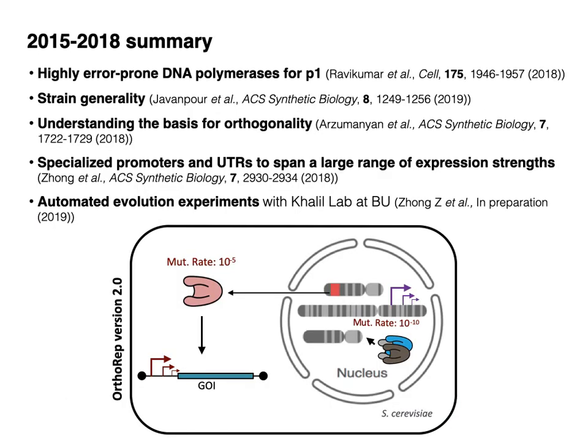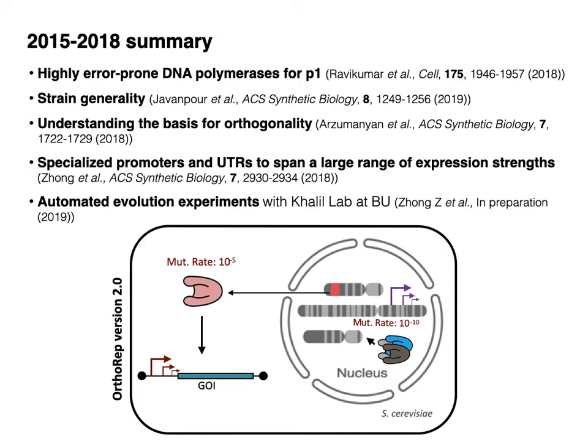So for the next few years of my lab, we mainly focused on getting OrthoRep to run at very high mutation rates through a large engineering effort on the DNA polymerase. This resulted in OrthoRep version 2, which is capable of mutating genes of interest on the orthogonal plasmid at a rate of 10 to the minus 5 substitutions per base, while the genome replicated at its natural mutation rate of 10 to the minus 10.